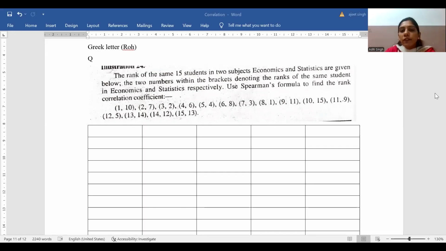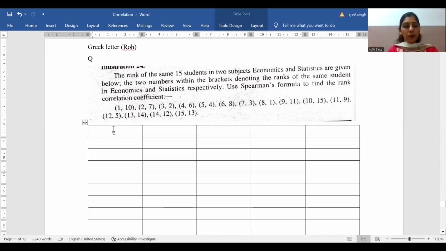These are the values given. There are 15 students in the class, and these values in brackets are for the two subjects, economics and statistics, of a single student. Let's put some details in the table.